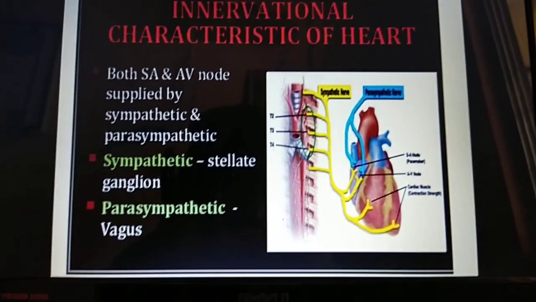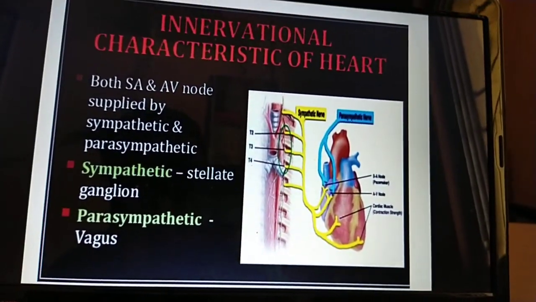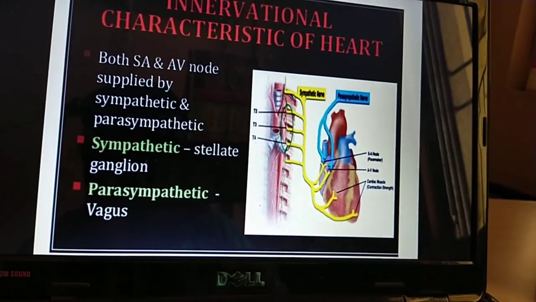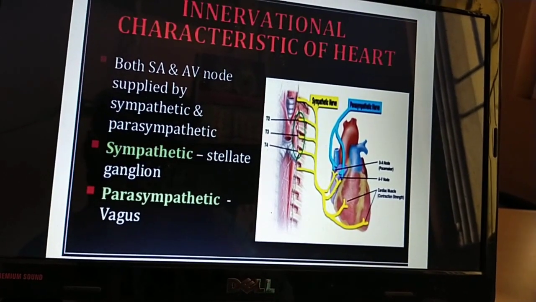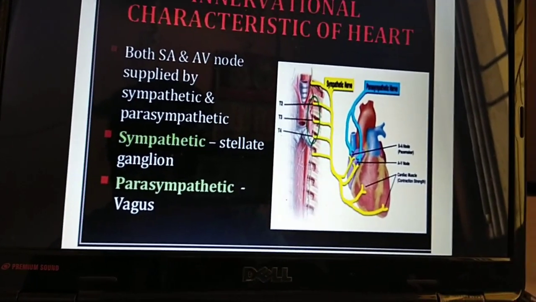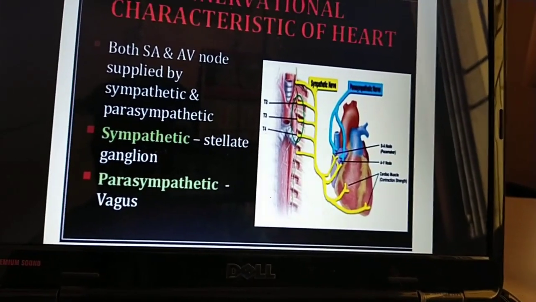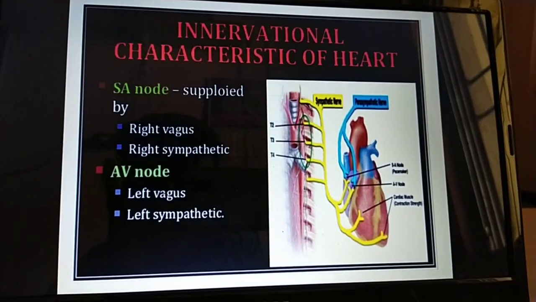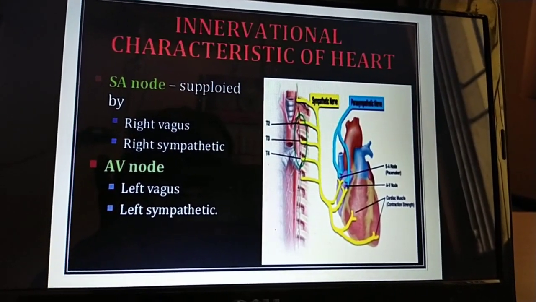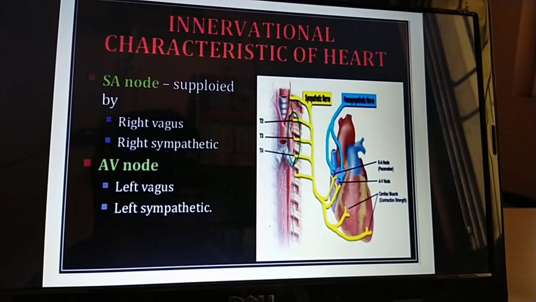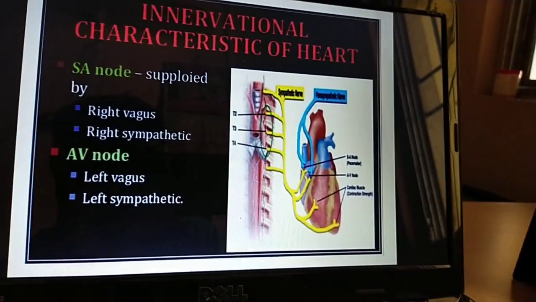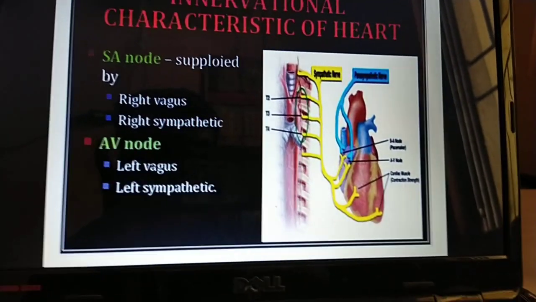Both the SA node, sinoatrial node, and the atrioventricular node or AV node are supplied by the sympathetic and parasympathetic. Sympathetic by the sympathetic ganglia and parasympathetic by the vagus nerve. The SA node is supplied by the right vagus and right sympathetic, and the AV node by the left vagus and the left sympathetic.